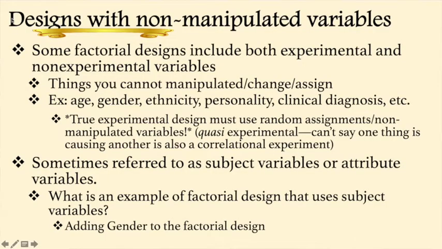Anytime you add gender to a factorial design, where you're looking for differences between male, female, non-binary, etc., then it becomes a non-manipulated variable and it becomes quasi-experimental. But I do want you to understand, if you are collecting demographic information on the gender of participants, but you are not using gender, you are not using age, you are not using ethnicity as a main independent variable to show an effect in your dependent variable, then that has absolutely nothing to do with whether your experiment is truly experimental or not.